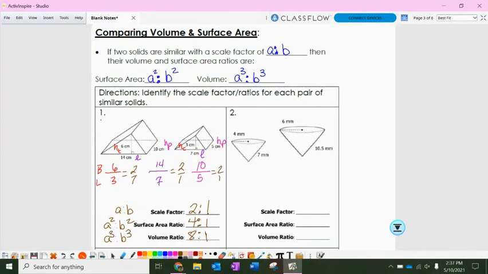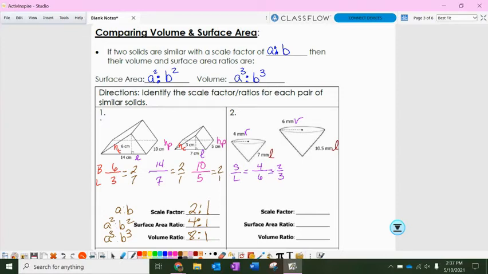So we see that here by this indicator, at the cones. If we're going to compare, this time I think I'm going to compare the small to the large. I write that on the side just to remind me. And so I want to compare the radii to radii, and the slant height to the slant height. I'm going to do those just to make sure I'm comparing the right things. Okay, so that's going to be 4 to 6, which simplifies down to 2/3.